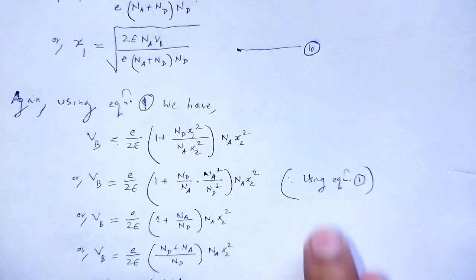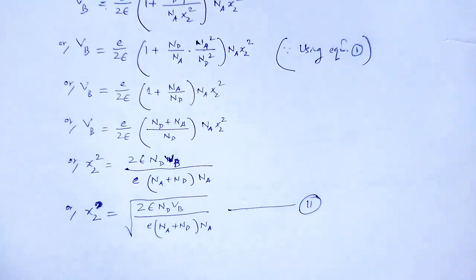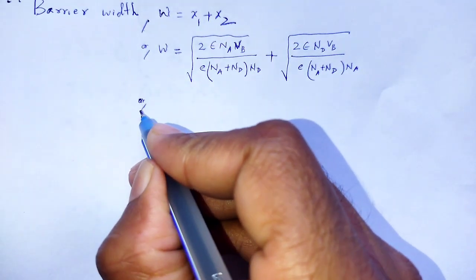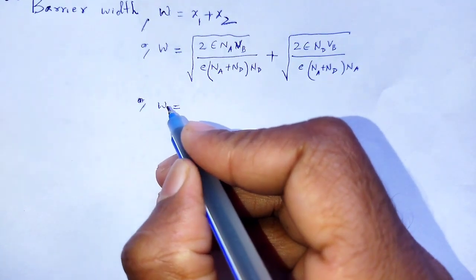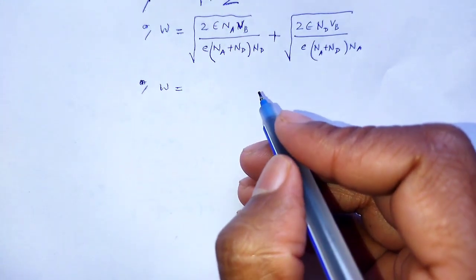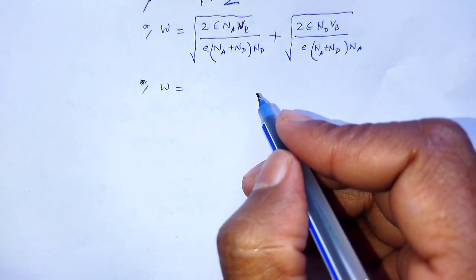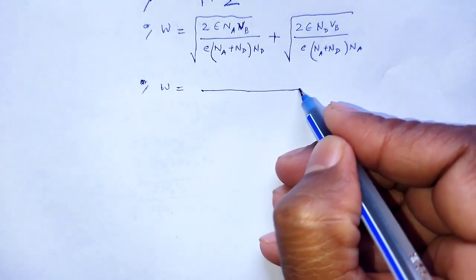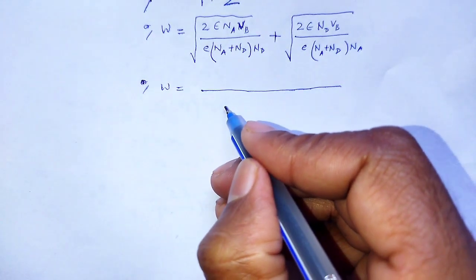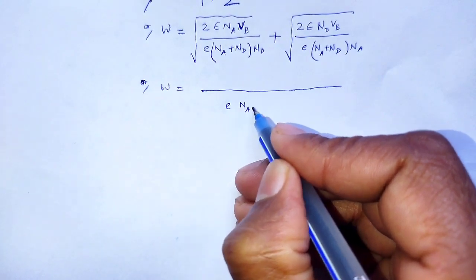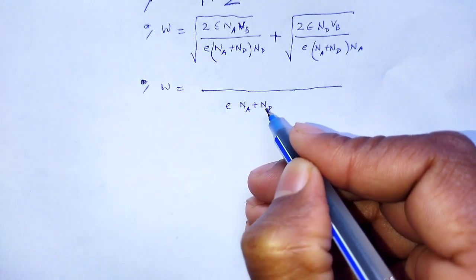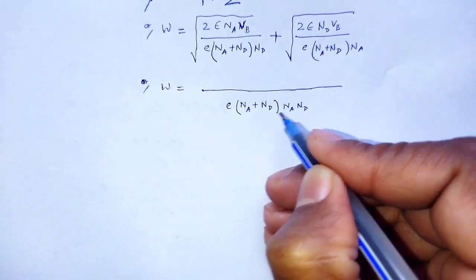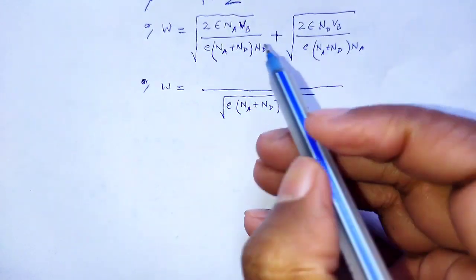From equation number 10 and equation number 11 the values are put, W is equal to, taking the LCM, E Na plus Nd Na Nd under root.